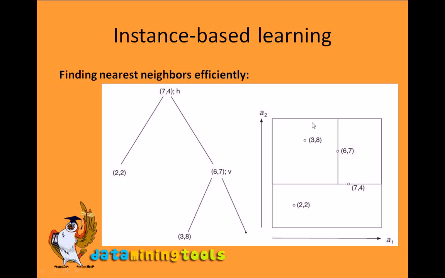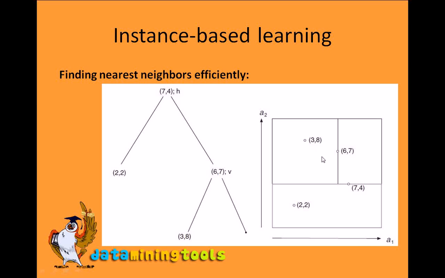So any other instance which might be the actual nearest neighbor to our unclassified instance should belong to a circle with this radius. Say for example our instance is basically at the point which I am pointing to. Our probable nearest neighbor is 3 comma 8. This distance is our probable nearest distance.